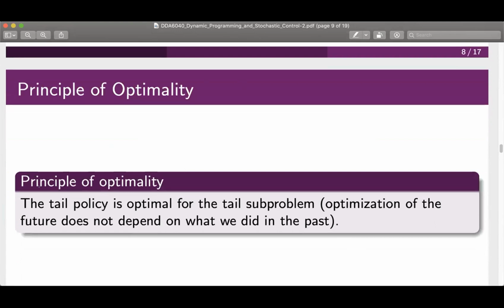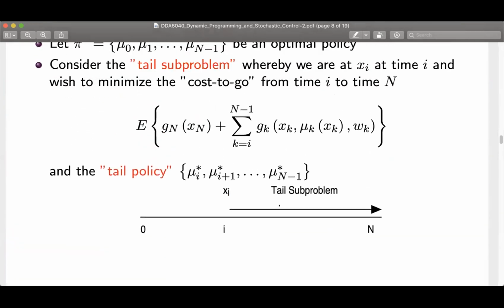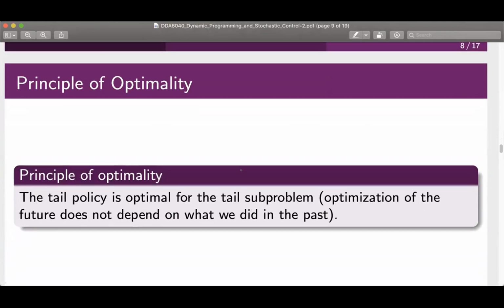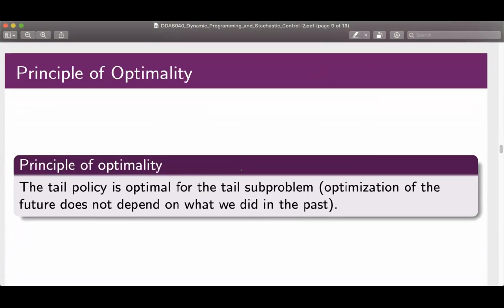The claim is that the tail policy is optimal for the tail subproblem. The truncated optimal policy is also optimal for the tail subproblem. This is what the principle of optimality is trying to say. In other words, intuitively it means optimization of the future does not depend on what we did in the past.